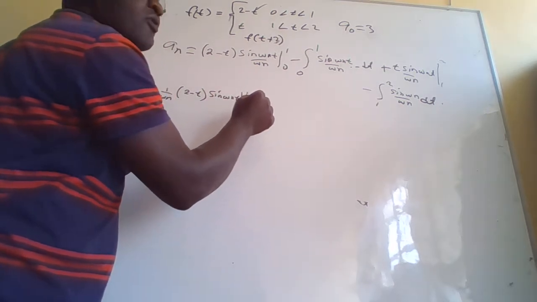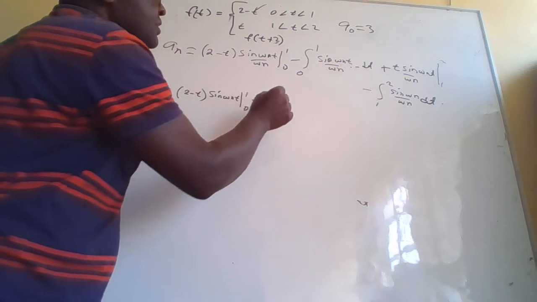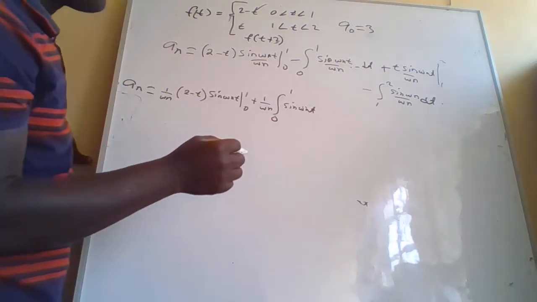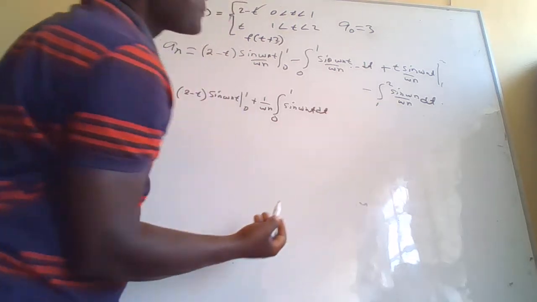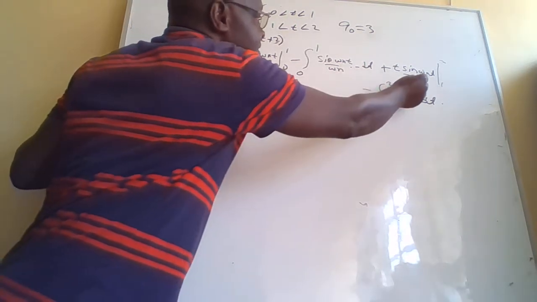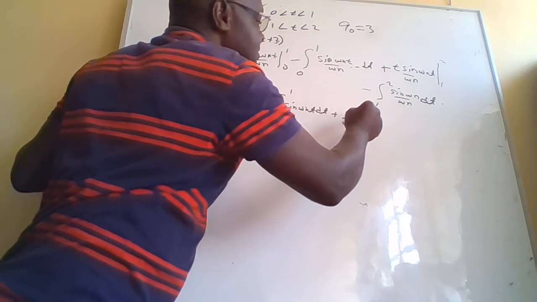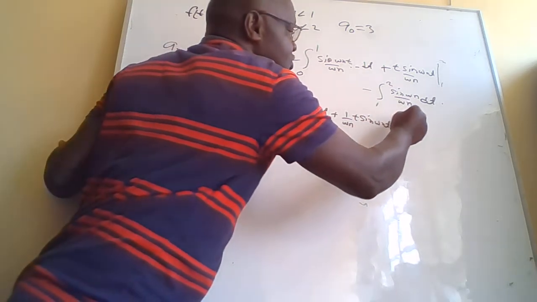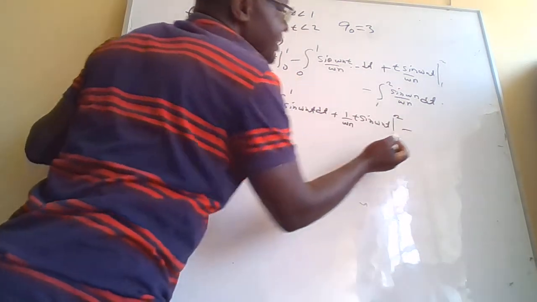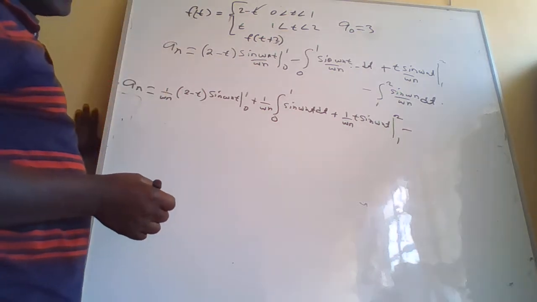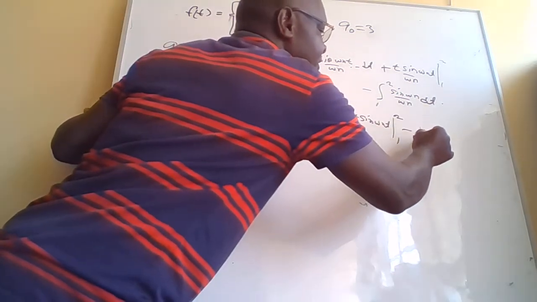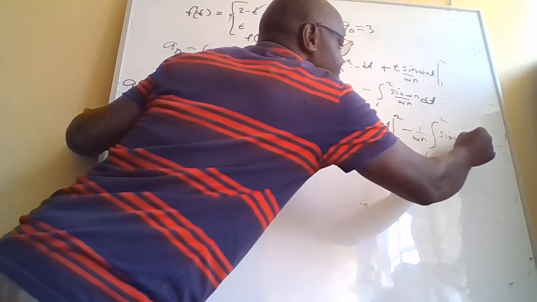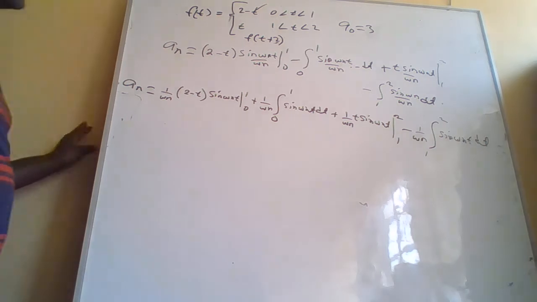So we shall have plus 1 over ω_n, the integral from 0 to 1 of sin(ω_n t) dt, then plus, again here I'll have 1 over ω_n t sin(ω_n t), those are the limits, then minus, I take out 1 over ω_n, the integral from 1 to 2 of sin(ω_n t) dt.